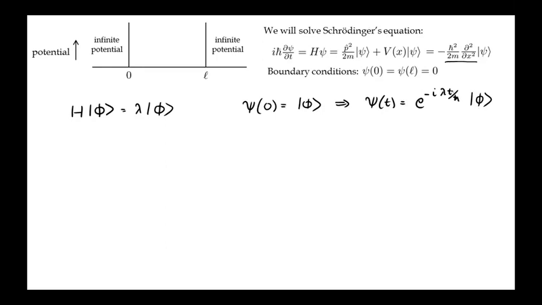Okay, so what are the eigenstates of H? Well, let's guess that the eigenstates of this operator, H equals minus h bar squared over 2m d squared by dx squared, have the form phi of x equals e to the i kx.